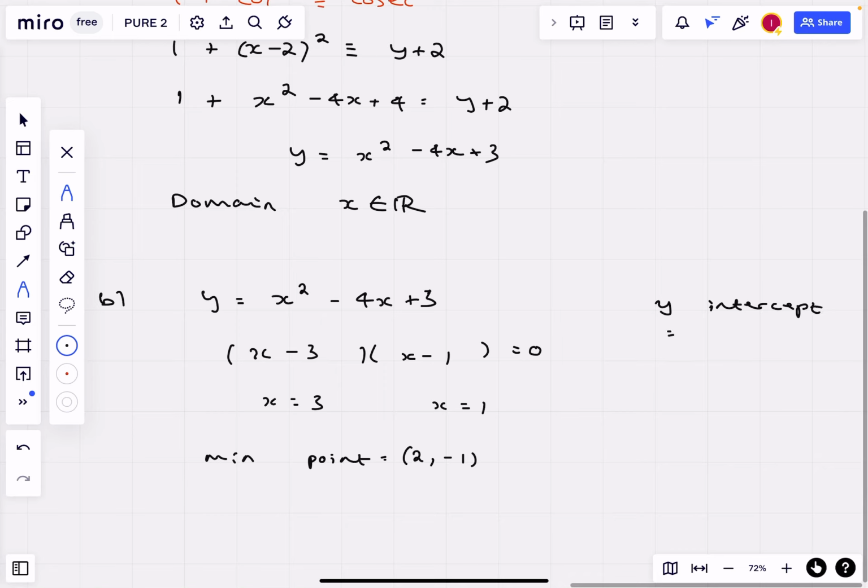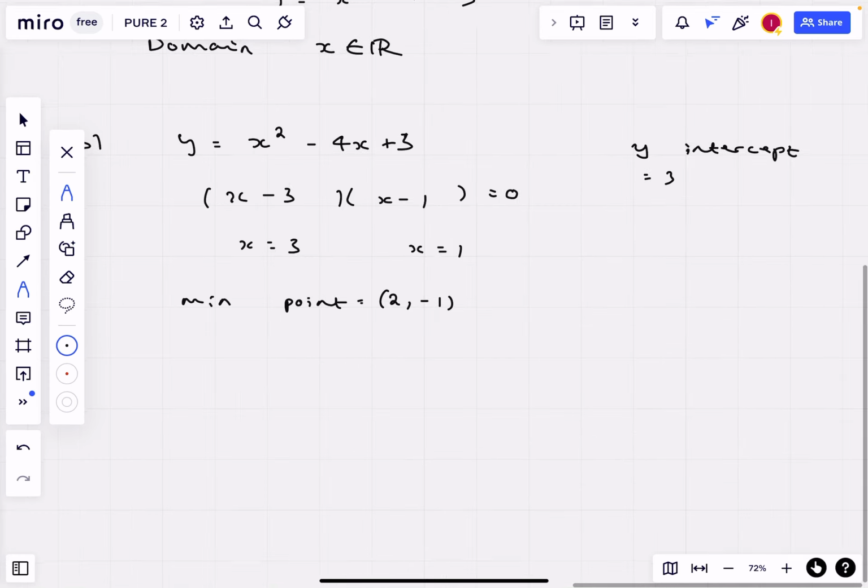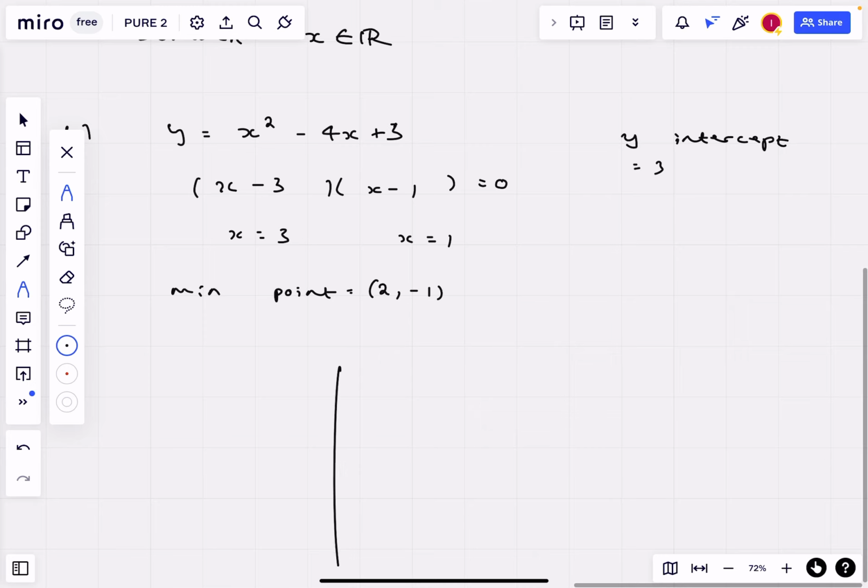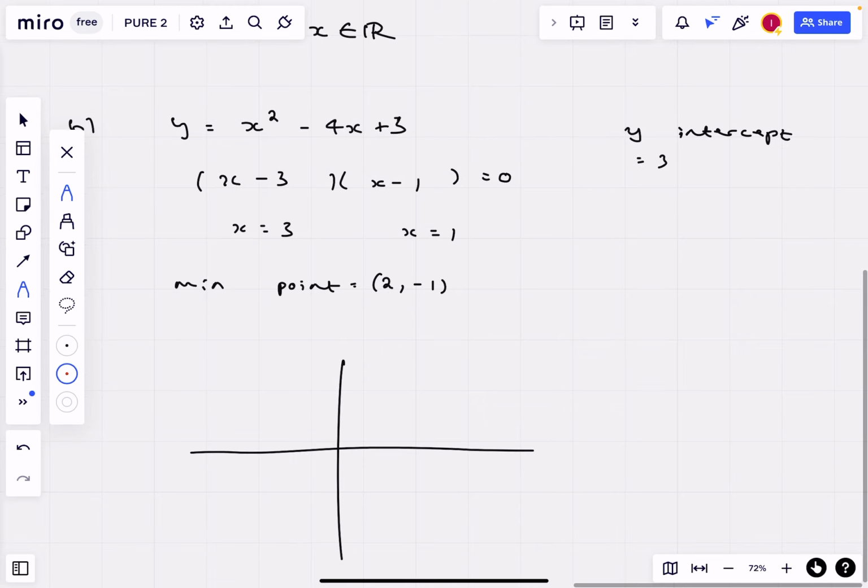After substituting x equals 0. Now that you have all your information, it's going to look something like this, where this point is 3, that's 1, that's 3 as well, and then this point is (2, minus 1). There you go, that's your sketch. And that is how you make use of trig with parametrics.